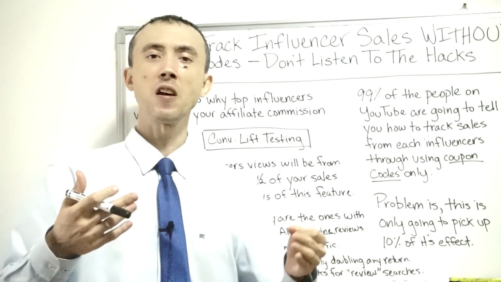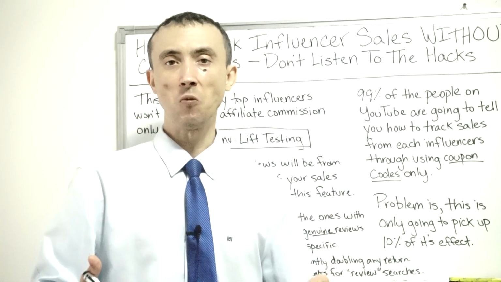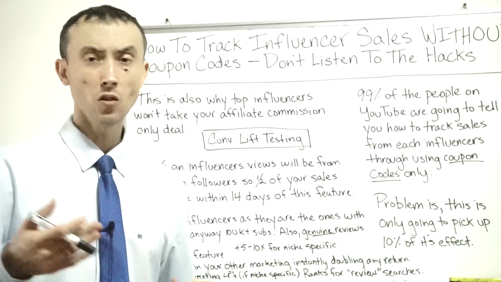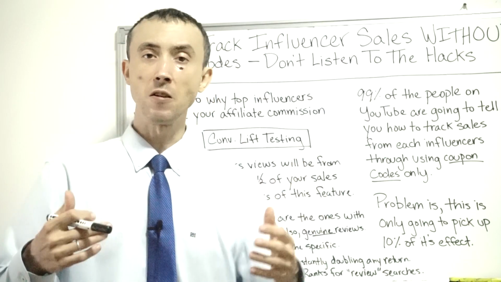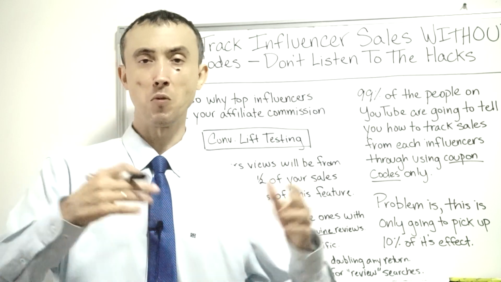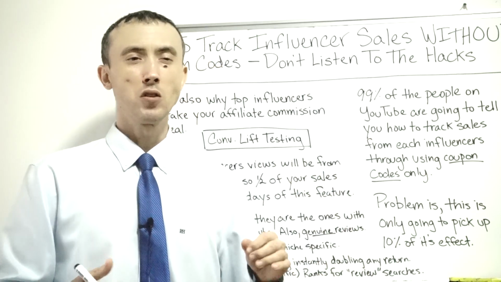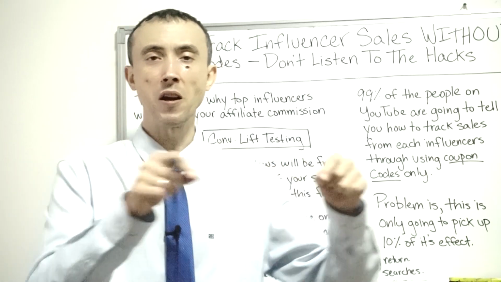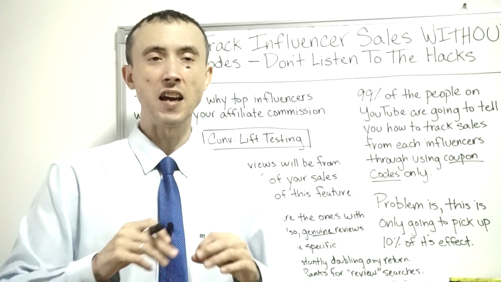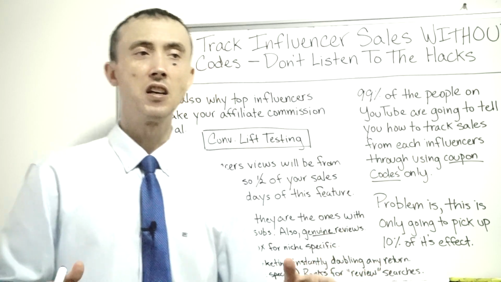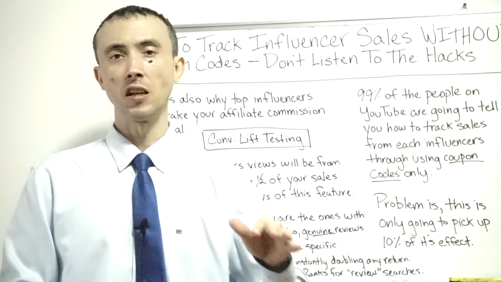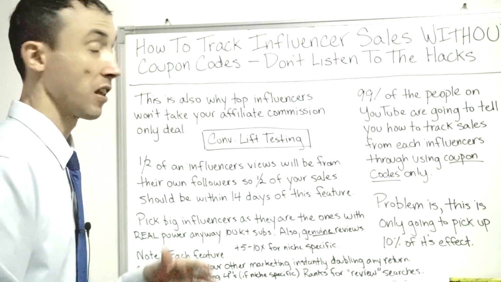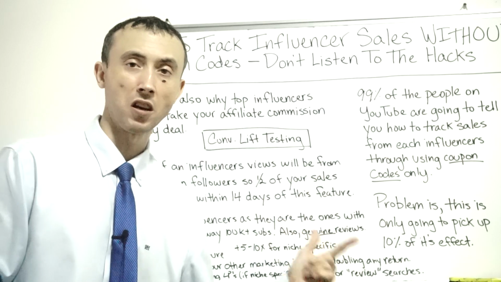But it's going to be very unscientific, because only like 10% of the people who end up buying from that influencer, and the value you get out of the influencer, were picked up by that discount code. So comparing influencer to influencer that way is really not the best way to do it. You're much, much better off using this other way to track the sales from each influencer and get the value out of each influencer, which I'm going to talk about here as well.